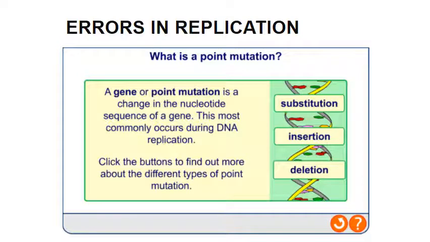Each of these is what's called a point mutation, a change in the nucleotide sequence of a gene, and it occurs during DNA replication. In a substitution, as DNA is replicated, one nucleotide may be exchanged for another. This can happen if the base is paired wrongly due to one of those mutagenic agents, such as ionizing radiation or chemical damage.